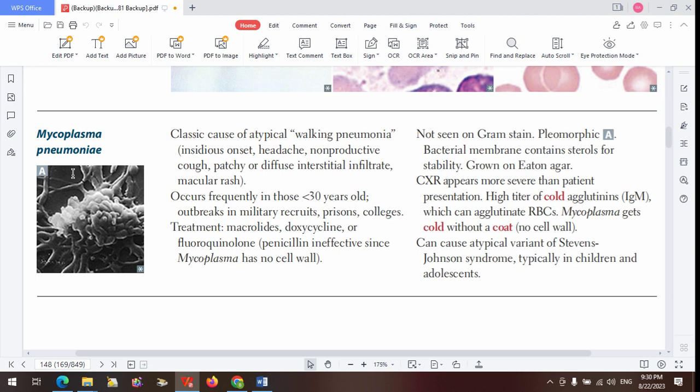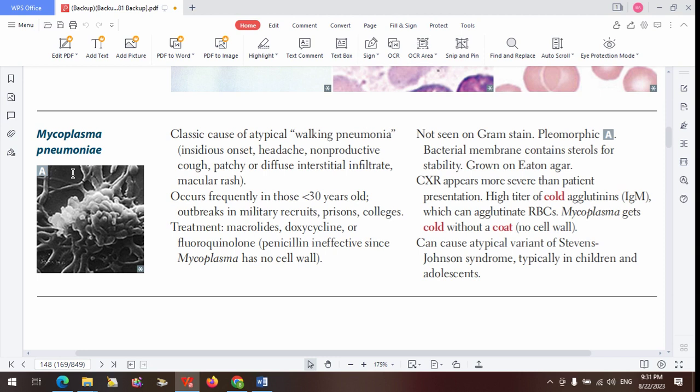Number two, when we give antibiotics and the infection does not respond to the usual antibiotics we use in treating pneumonia, we know it's likely to be atypical. Number three, if the infection is protracted: pneumonia is an acute inflammatory disease and should subside within one to two weeks. When it's protracted, going for a long course, we should suspect an atypical form of pneumonia.